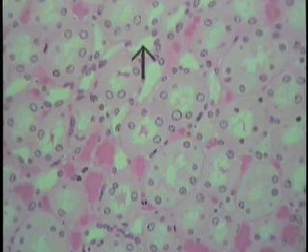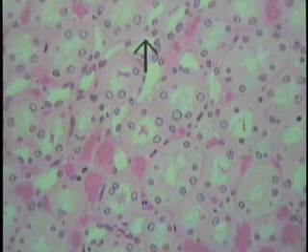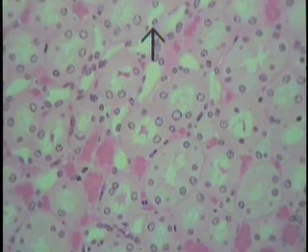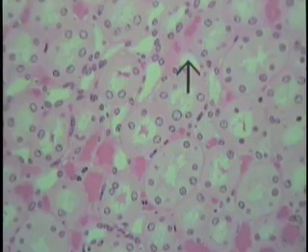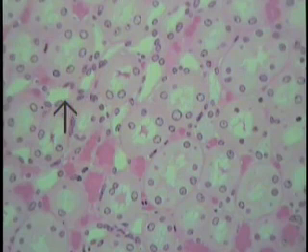Note that some tubules are lined by a simple squamous epithelium, as indicated by the pointer. This particular tubule, this tubule shown here, this one here, this one over here, this one here, and so forth.